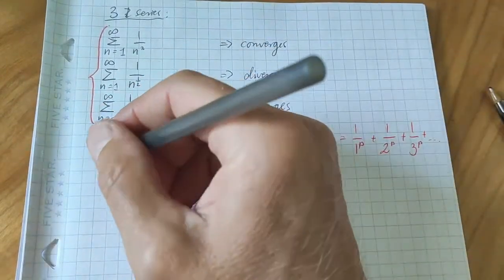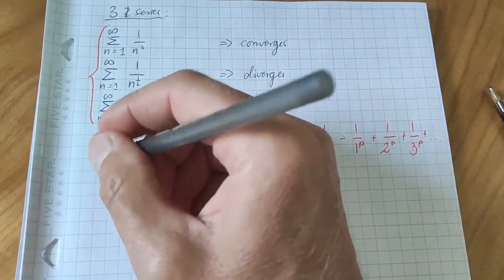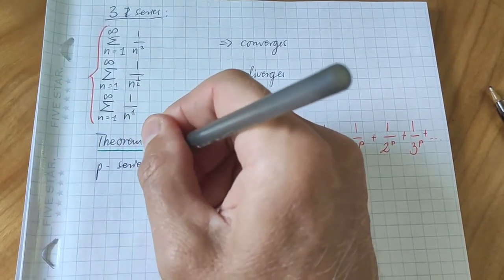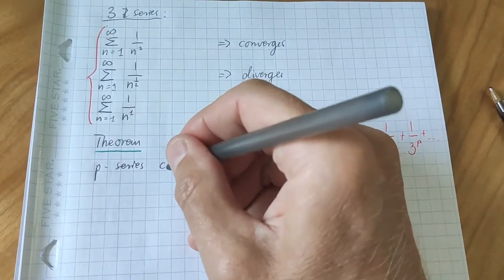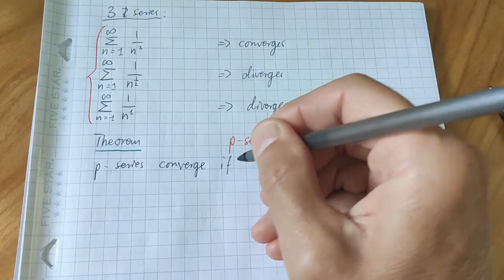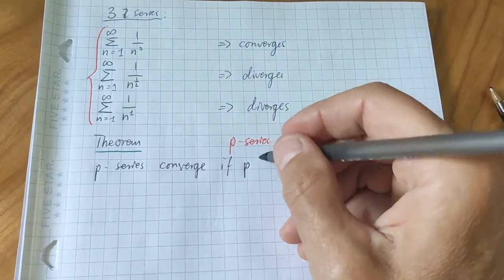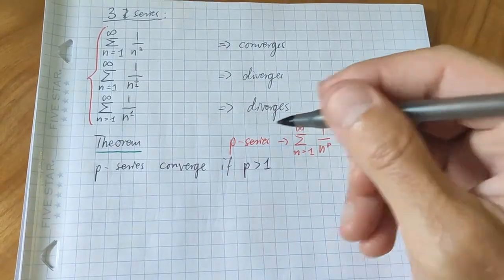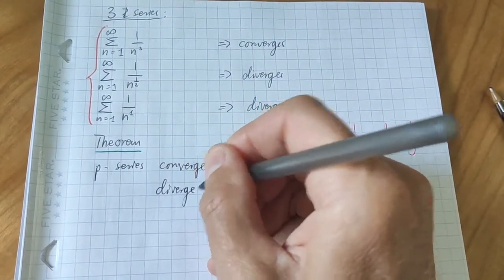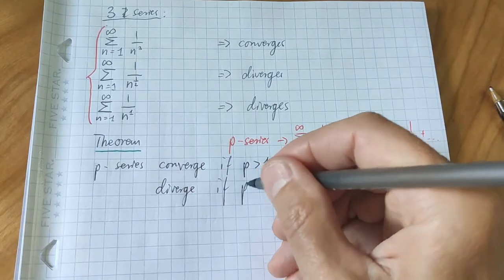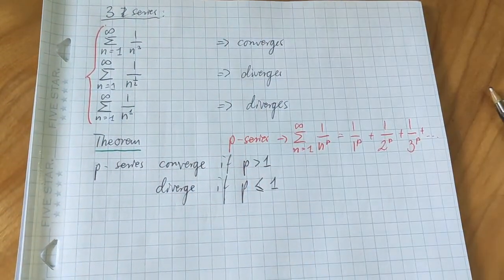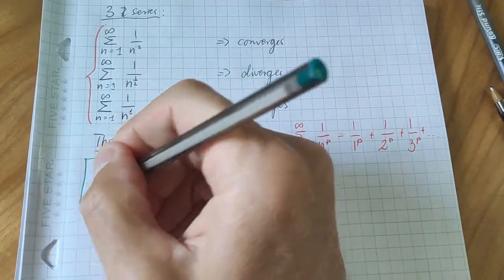So we can see that p-series converge if p is greater than 1, and diverge if p is less than or equal to 1. And our examples confirm it. So that's the theorem.